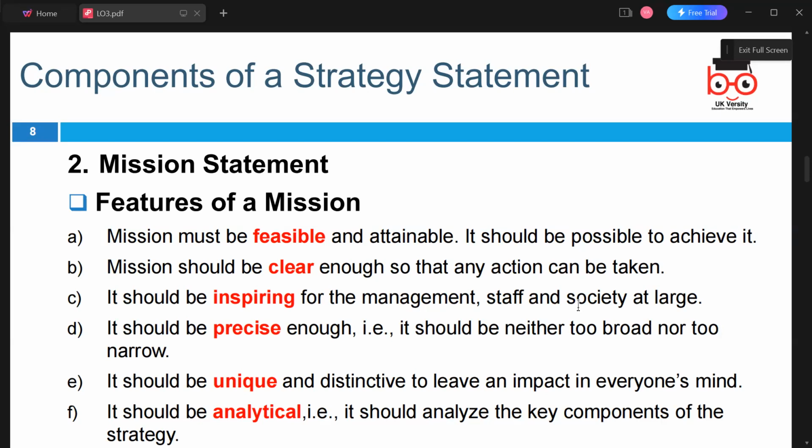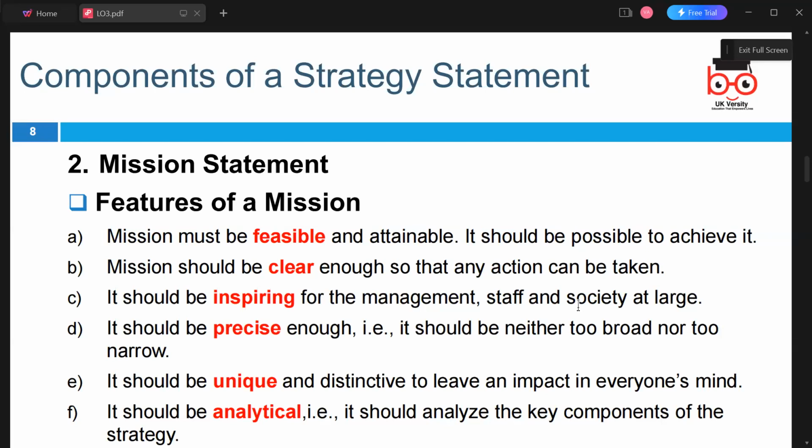So the mission should be clear enough. There shouldn't be any sort of misunderstanding within the organization and each department. It should be inspiring. So it should motivate the staff, stakeholders, and whoever is involved in the business.